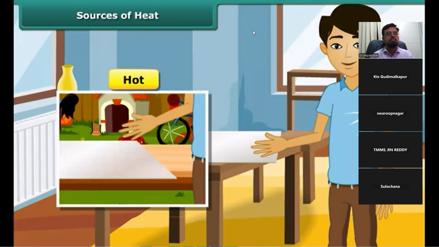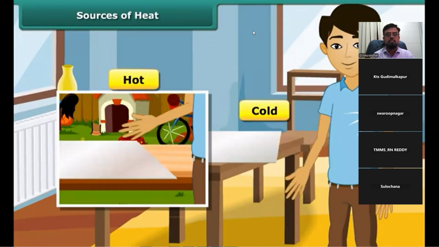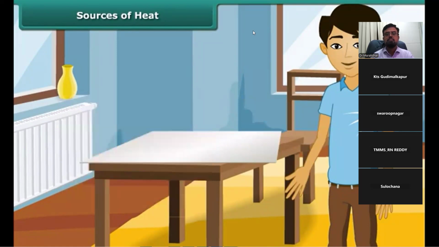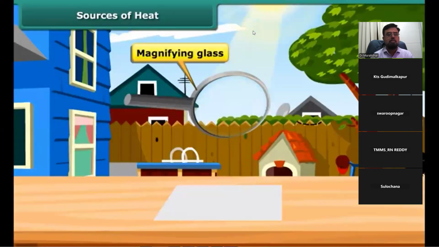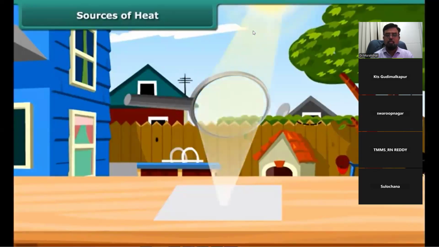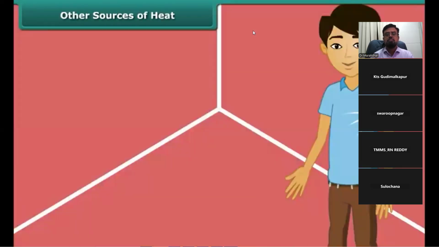In the first case, we feel hot, and in the second case, we feel cold. Let us prove through another experiment that sun gives heat. Use a magnifying glass to focus sunlight on a piece of white paper. Burn. At the position where the sunlight is focused, the paper becomes hot, starts to turn brown, and soon bursts into flame. Thus, the heat from the sun makes the paper burn.